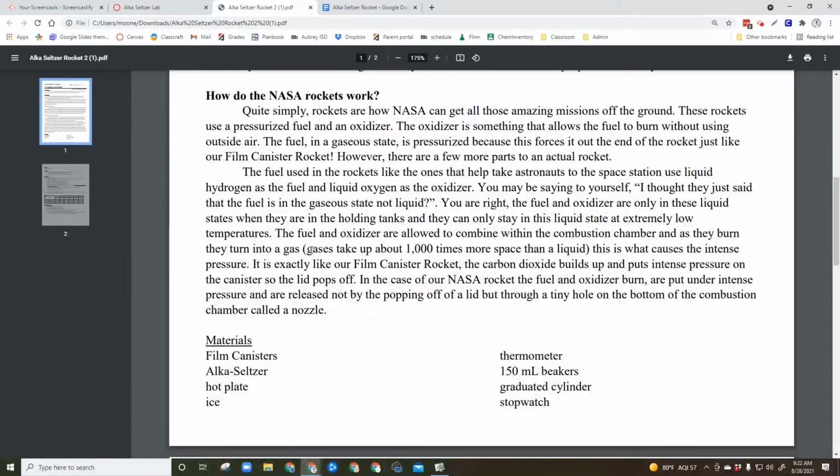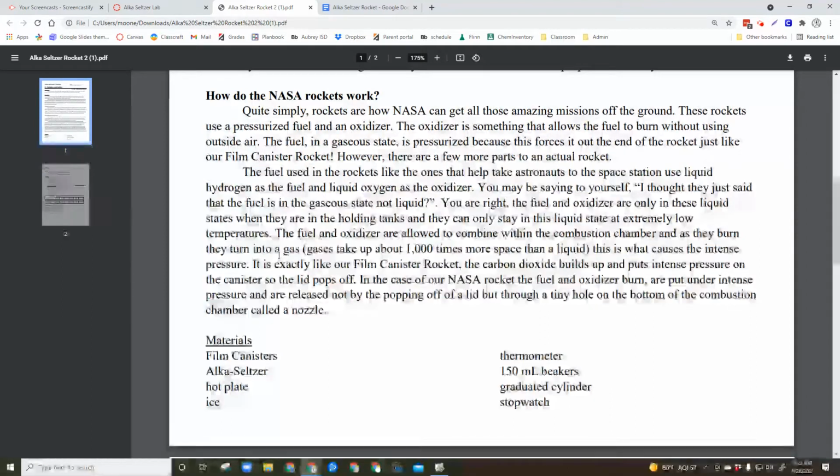And as the gas explodes, that's where we've gotten so far, the gas burns. But because it's compressed, it burns. Okay, let's just read. Gases take up 1,000 times more space than the liquid, and this is what causes the intense pressure. Okay, so that's what I mean by explode.